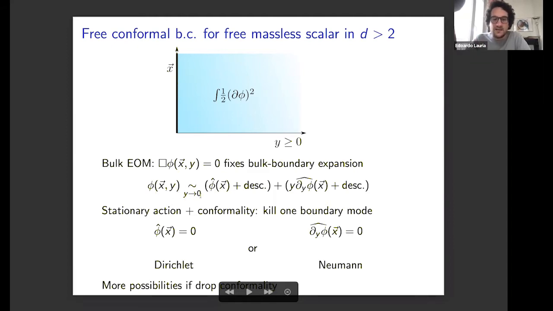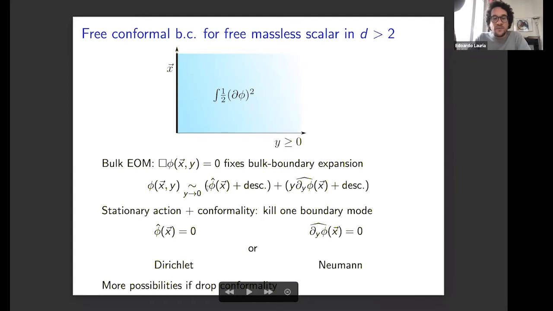As y goes to 0, the Laplace equation constrains the possible boundary modes that are admissible. So there are only two possible boundary modes, compatibly with the bulk equations of motion, and they are the following.